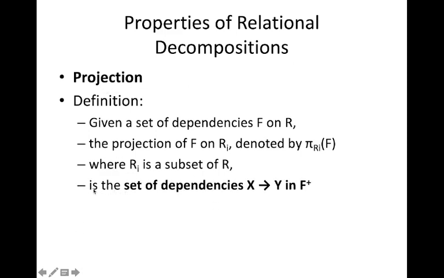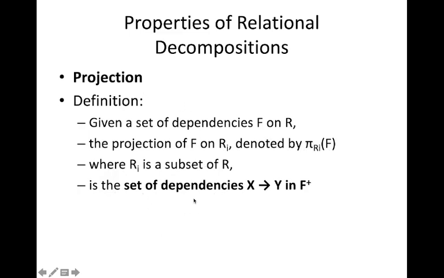So projection will be the set of dependencies X to Y in F closure. You have already learned what functional dependency closure is.